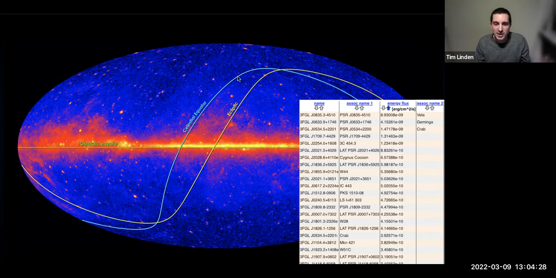Now, that is personally very interesting to me. It's 10 to the 24 times intrinsically dimmer than the standard galactic sources like Vela, Geminga, or the Crab, and 10 to the 24 times closer in D squared. And those things actually cancel to about a factor of 5 or so.